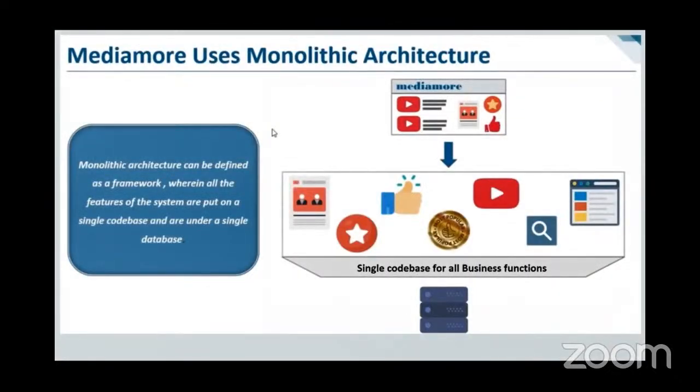Now, in a monolithic architecture style, all of these components will reside in a single code base. The recommendation system code, the code for viewing the videos, as well as the code for purchasing a new subscription, all of those codes will reside in a single code base. Okay, so all of the business functions will be part of the same single code base under a single database. So that's what we can see over here.